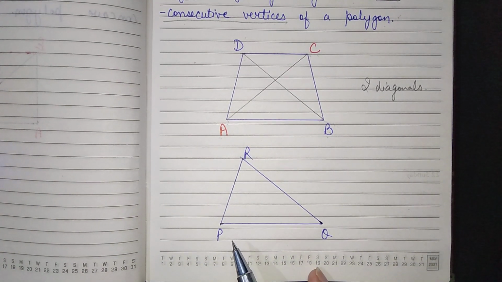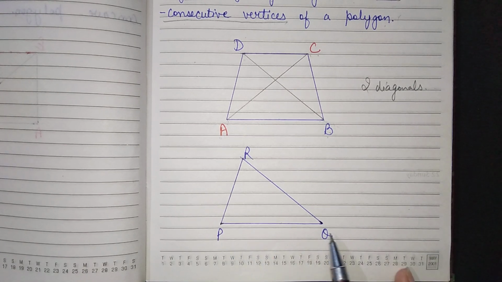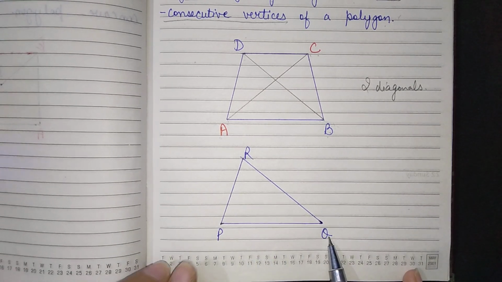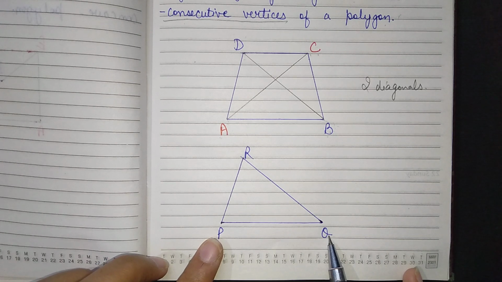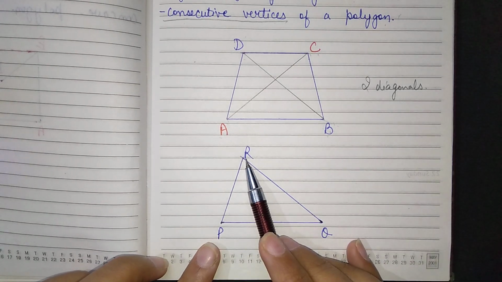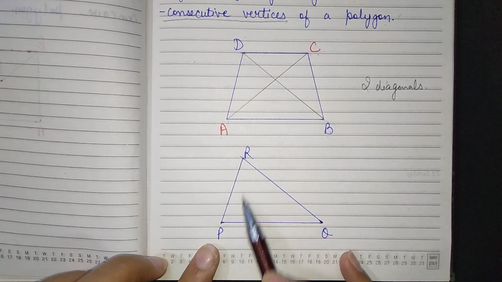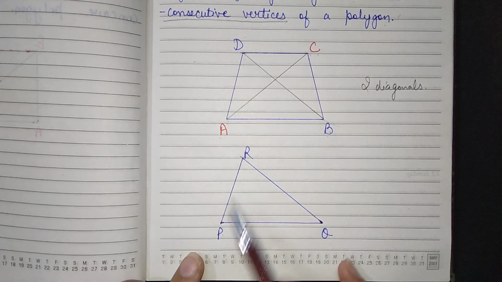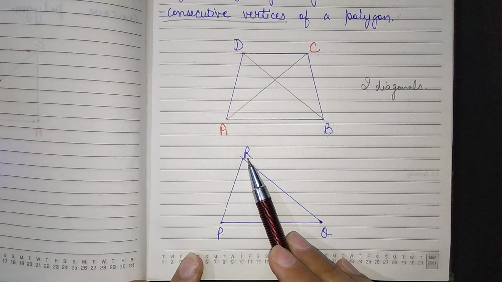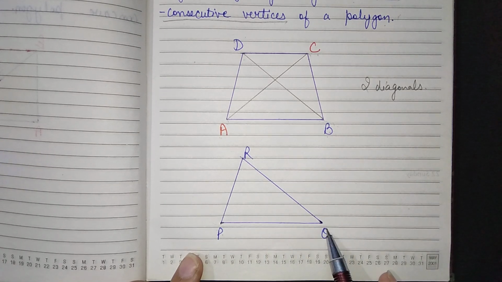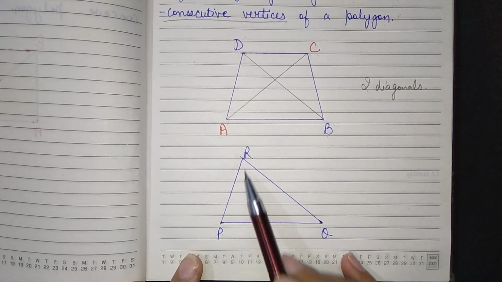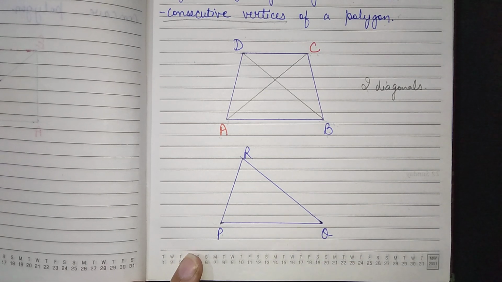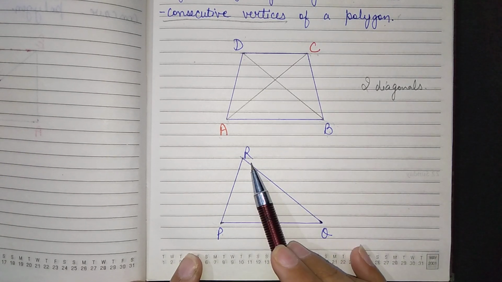In the triangle, if I start moving from P to Q, there is no other vertex coming in between. And if I move from P to R, again there is no other vertex coming in between. So P and Q are consecutive vertices. P and R are also consecutive vertices. Similarly, you can take Q and R also. In between there is no other vertex, so we shall say that Q and R are also consecutive vertices.